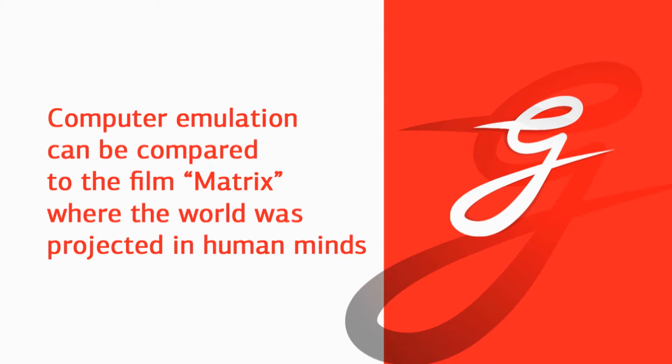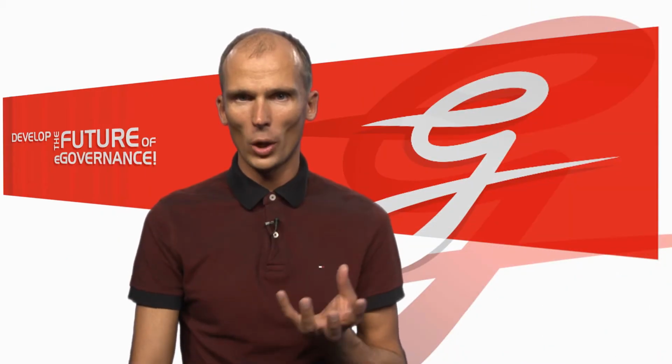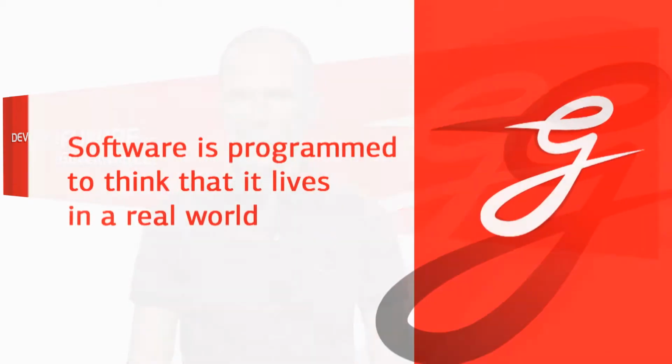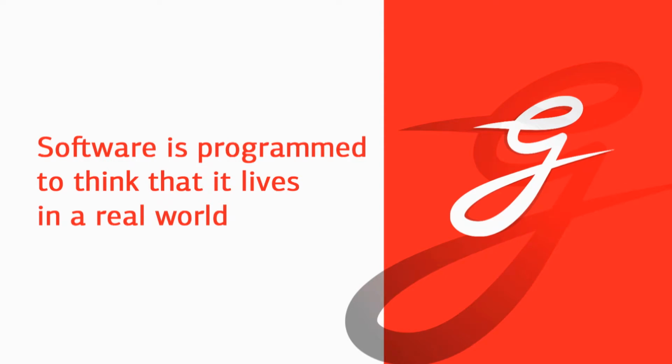It was projected into their brains. So this was in effect an emulation of the real world inside the human brains. So computer emulation is a very similar thing. The computer software is made to think that it lives in a real world, in a real original hardware environment, while in reality it runs in our present-day modern computers.